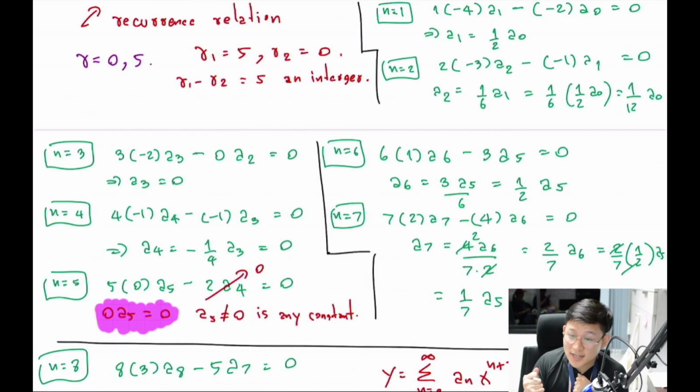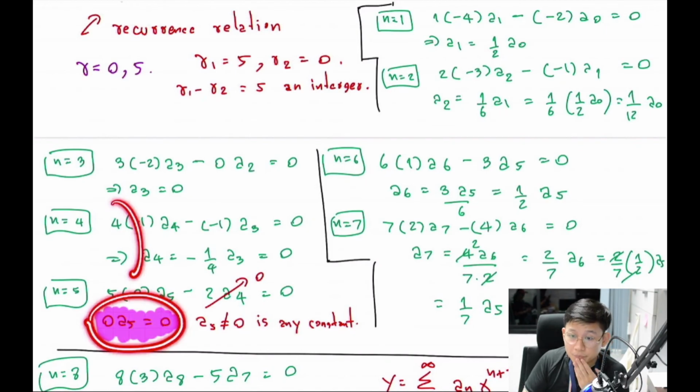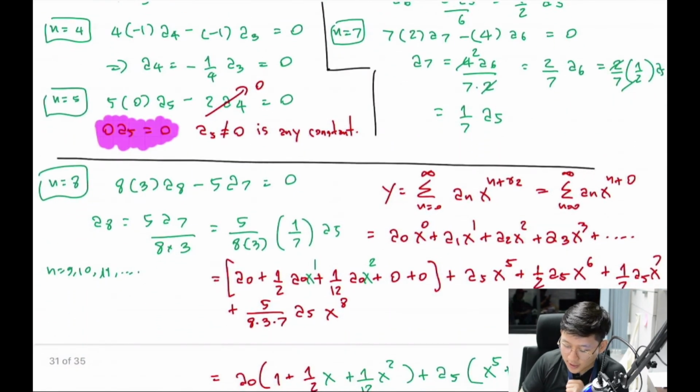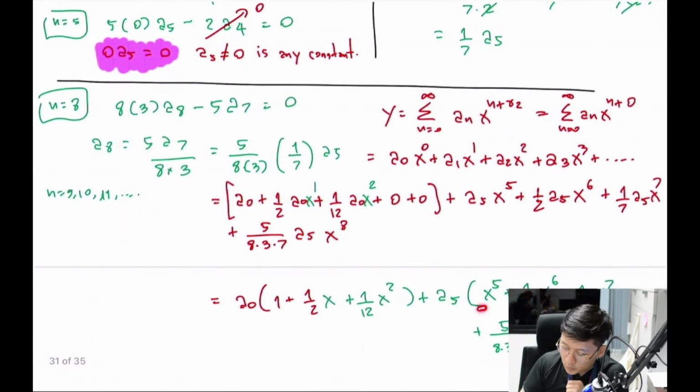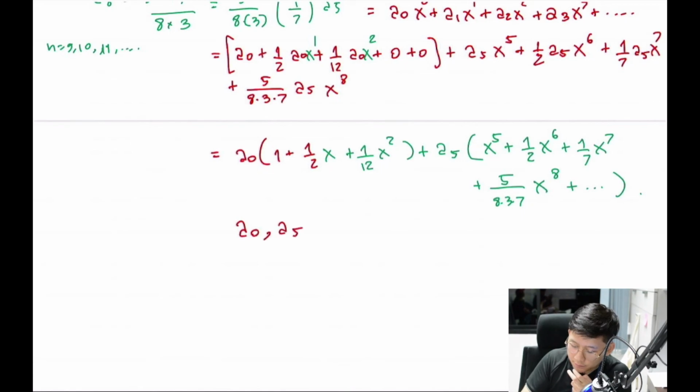Then you take that a5 is not 0, it's any constant, and then you go further. How far should you go? You should go until you get this condition 0 times a something equals 0. After that, you go another three terms further so that you can have at least four terms here. And you should write a0, a5 as any constants.